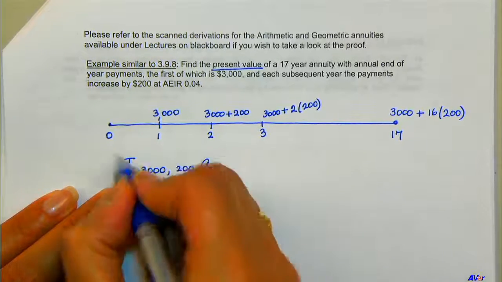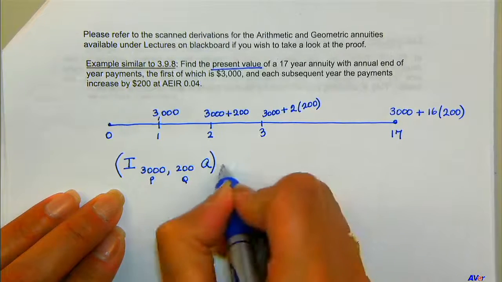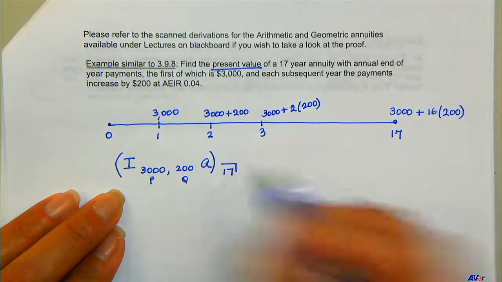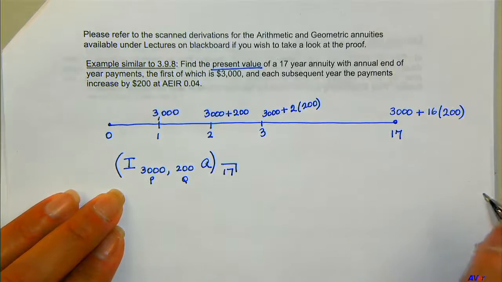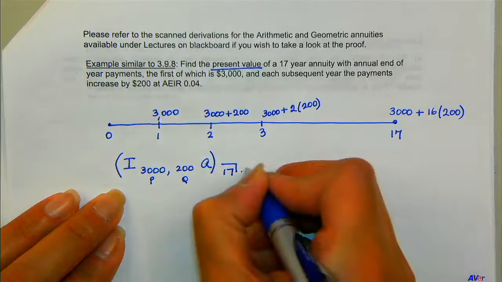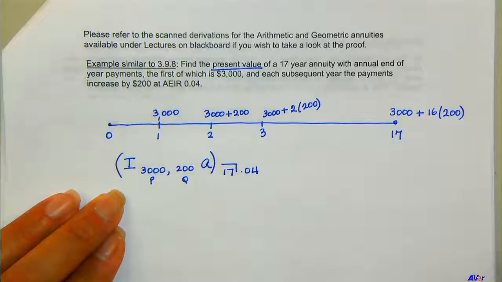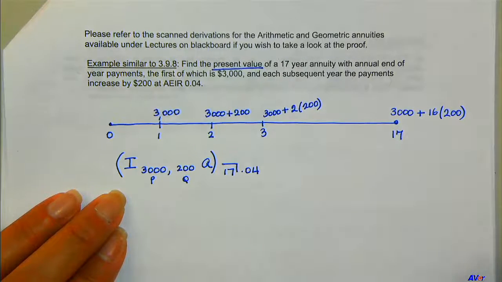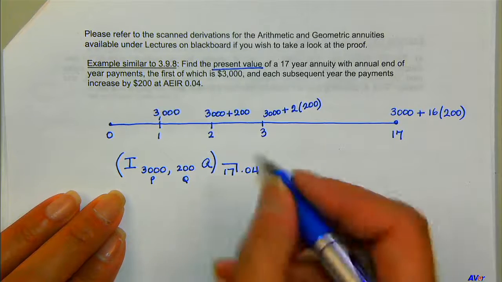A, for present value, angle 17. At what annual interest rate? 4%. You want to make sure that the payments are annual, so the interest rate is also given annual, right? If they gave you the nominal interest rate convertible monthly, you would have to first change it to annual in order to use it. Okay, so let's go.